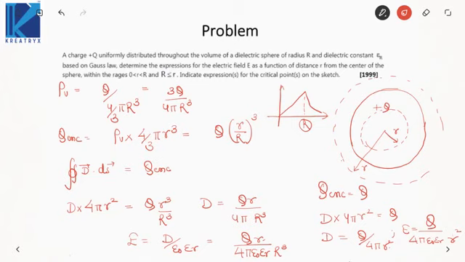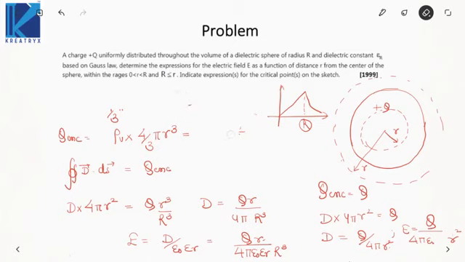Okay. And one more thing, this graph is not absolutely correct. Why? Because we have to make one change, that is epsilon r. It will only be epsilon naught. So what change does that bring in the graph? I am removing this part.